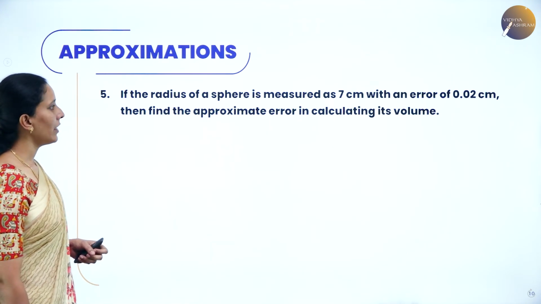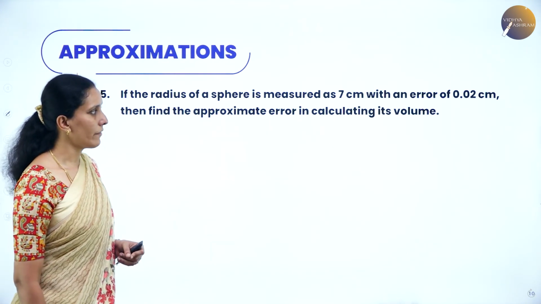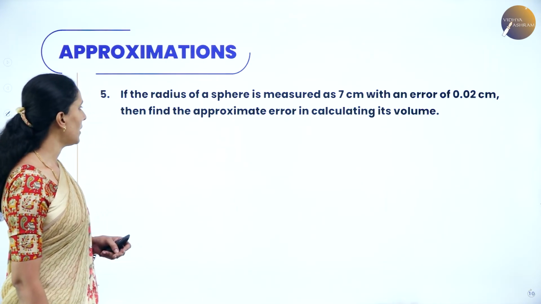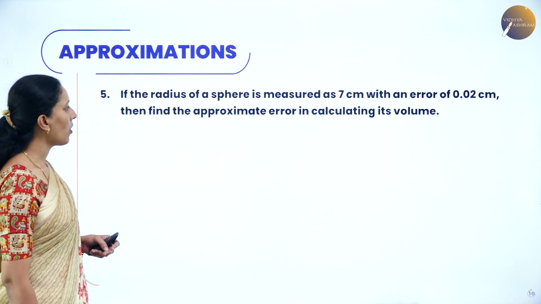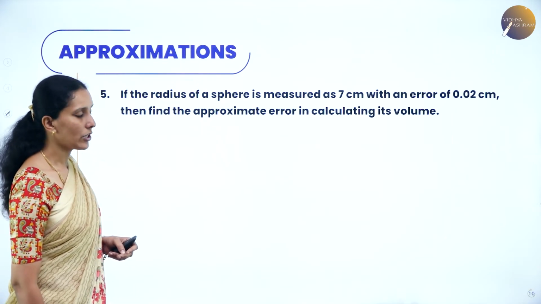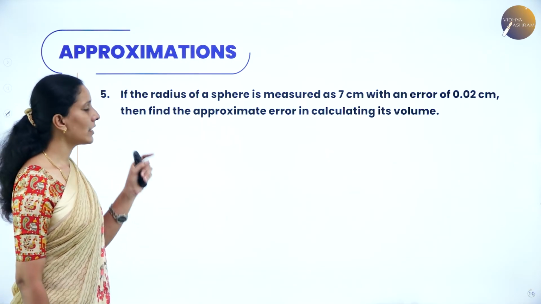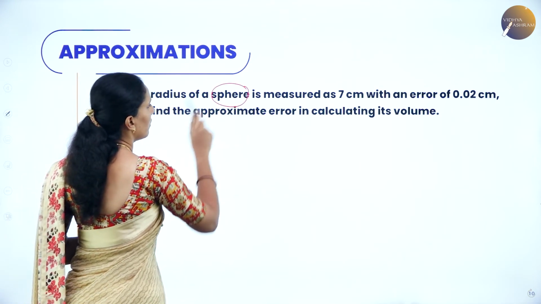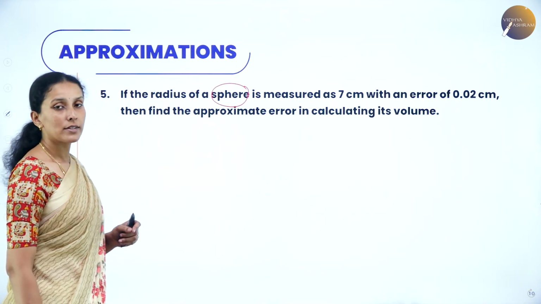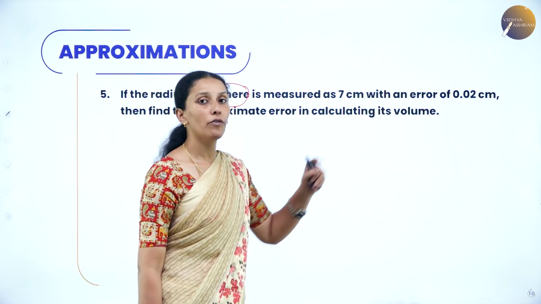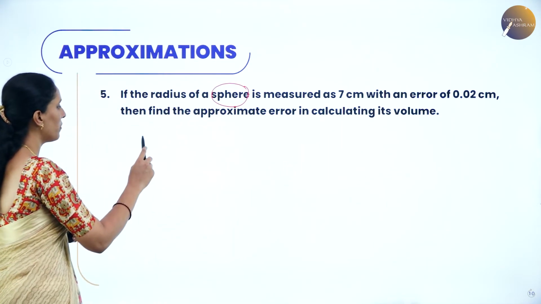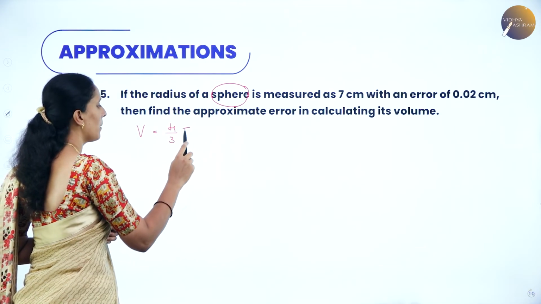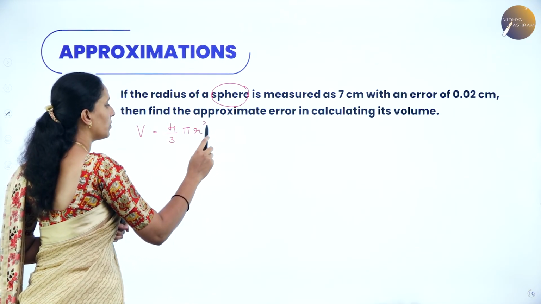Next, if the radius of a sphere is measured as 7 cm with an error of 0.02 cm, then find the approximate error in calculating its volume. So here it is given, it's a sphere. Therefore, we have to find the approximate error in terms of volume. What is the volume of a sphere? The volume of a sphere is given by 4 by 3 pi r cube.